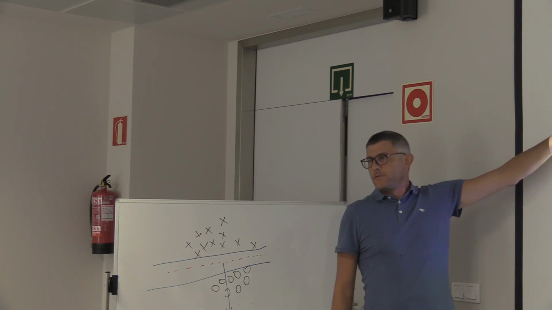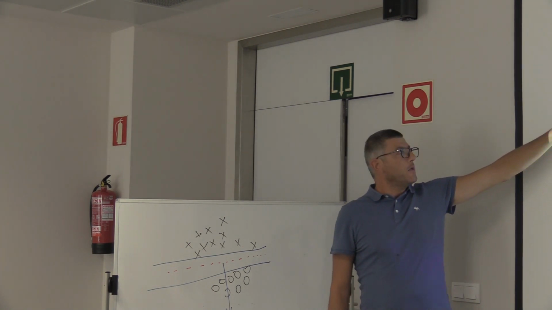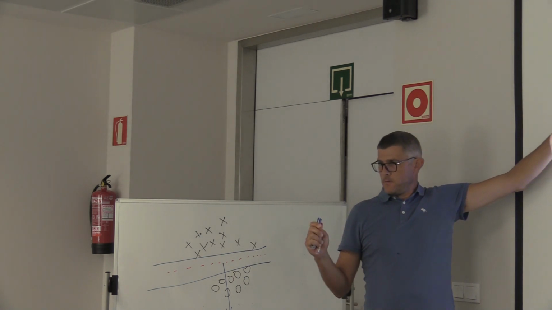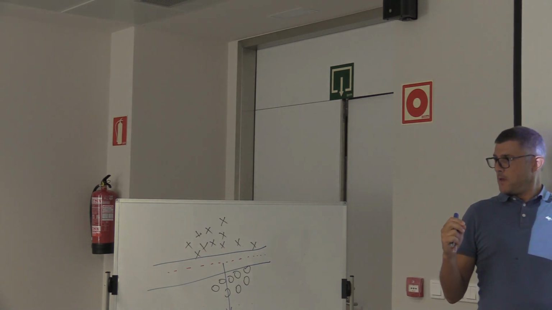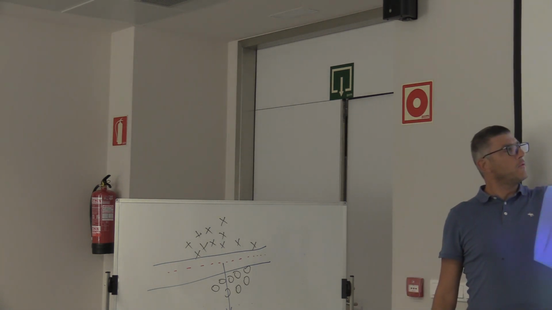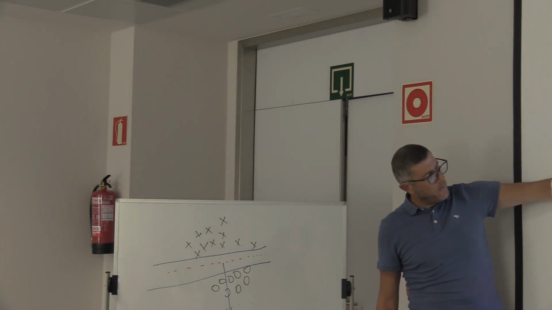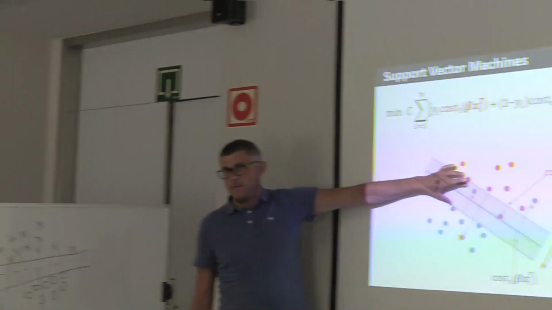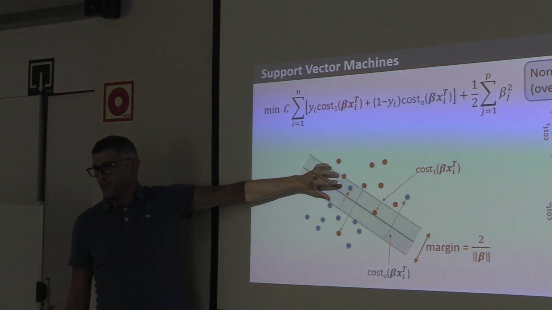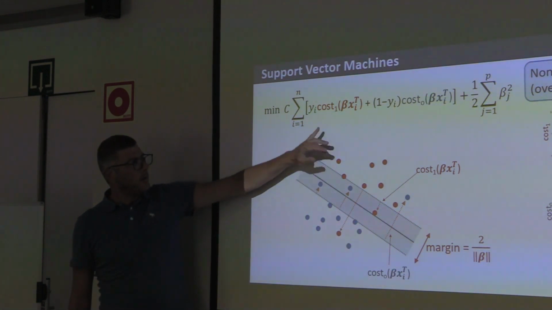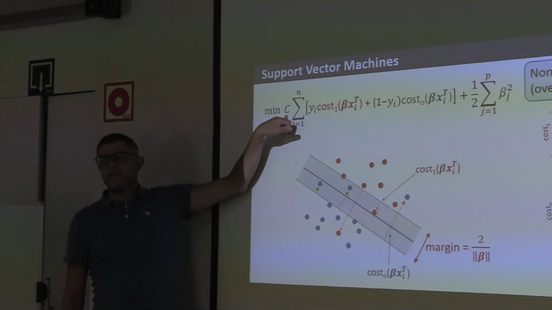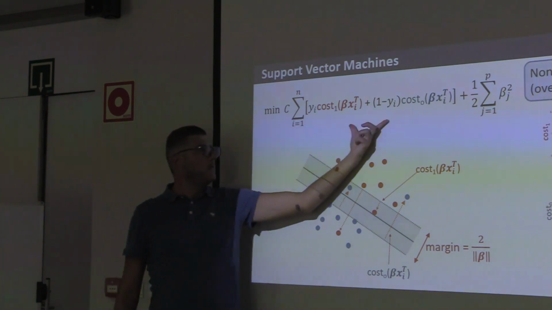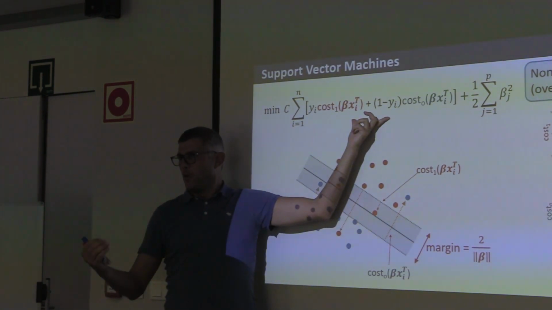I was also referring to this term. If this is very, very high, then this must be, you say, low. That means that if you want to reduce this, this margin must be smaller, because if you reduce this margin, the cost will decrease. I put 10,000 here, so I need this sum to be low.